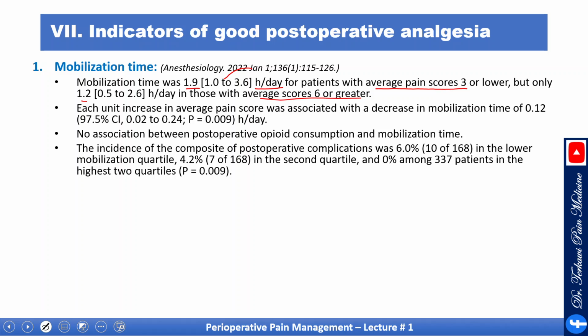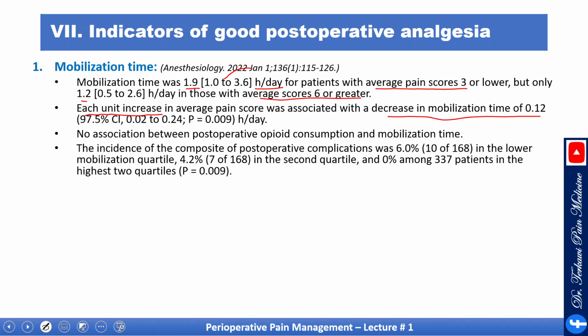What does that mean? Well, they found that each unit increase in average pain score was associated with a decreased mobilization time of 0.12 hour per day. Interestingly, there was no association between postoperative opioid consumption and mobilization time.